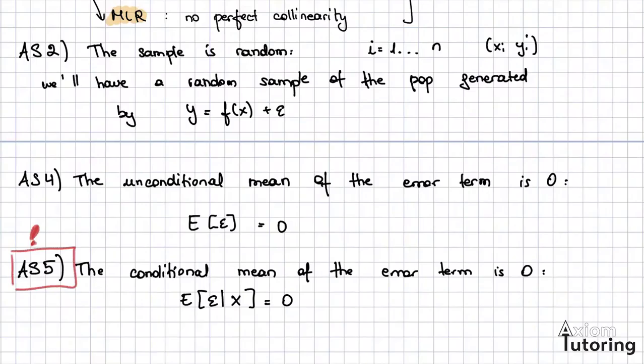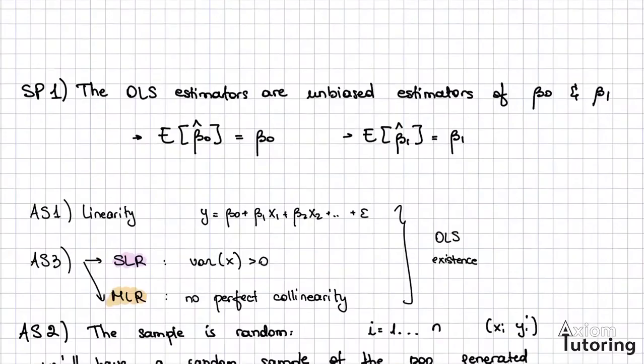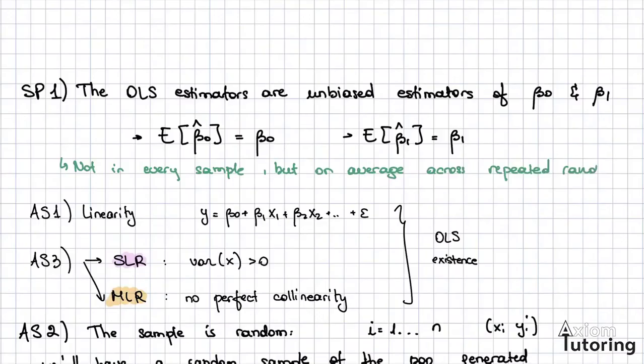So what we are saying by looking at these two expressions in here is that not in every sample, but on average, across repeated random samples.